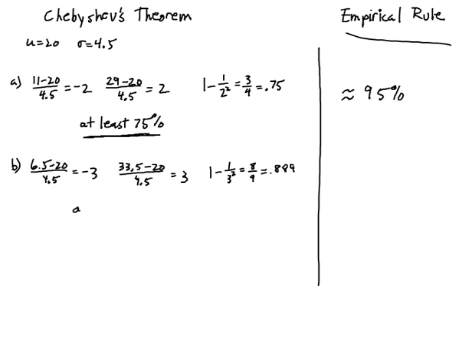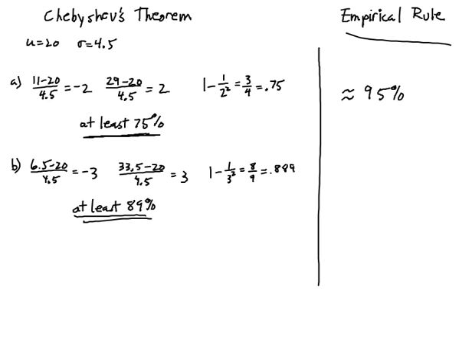So the answer then is at least 89%. So the percentage of many compact cars that will get between 6.5 miles per gallon and 33.5 miles per gallon is at least 89%.